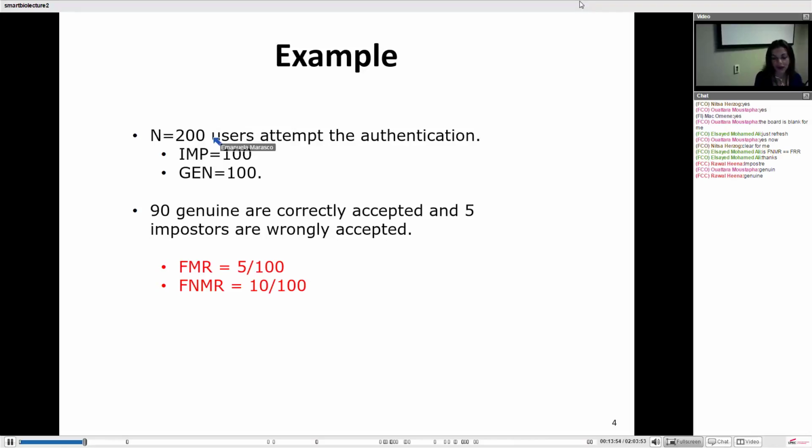They scan their fingerprint on the sensor of the system. Among these 200 users, only 100 are authorized, genuine, the ones that have been actually enrolled in the system. And 100 are impostors, so among these 200, 100 should be rejected.